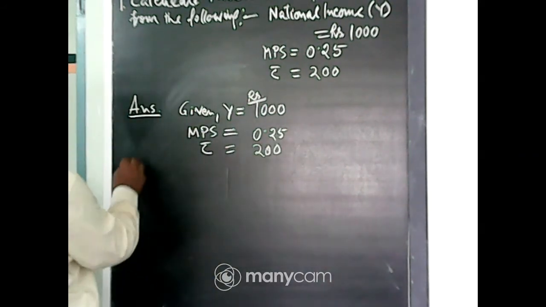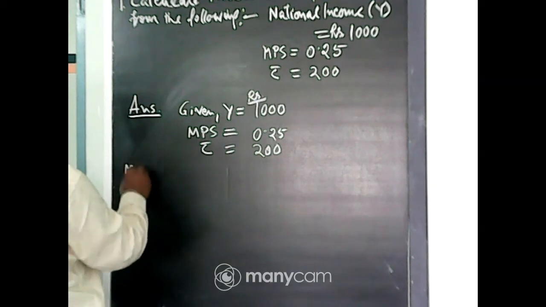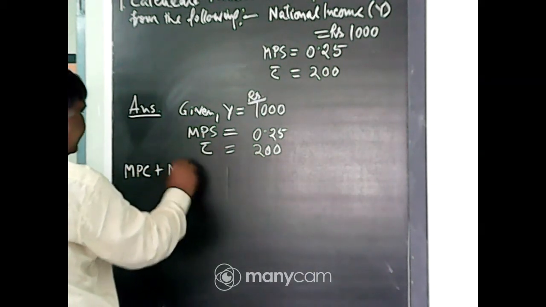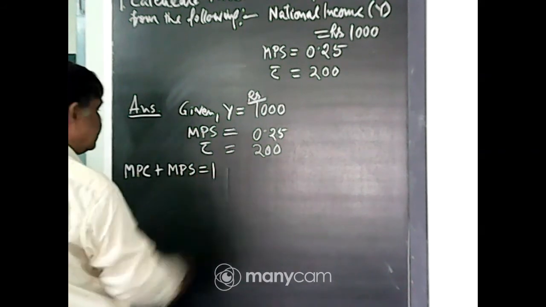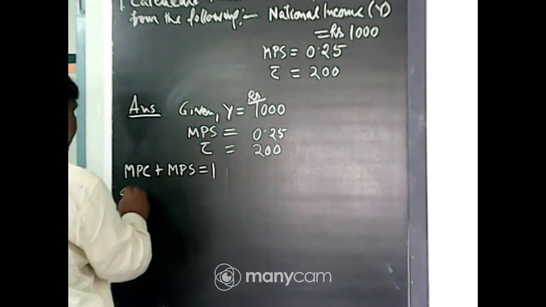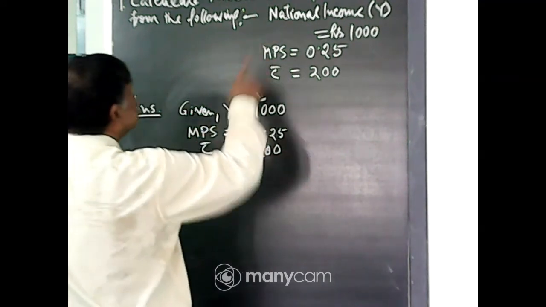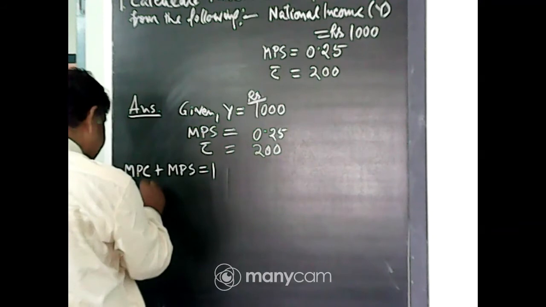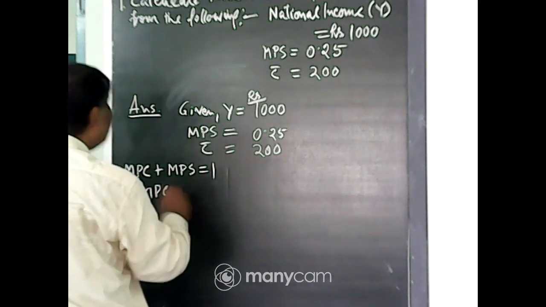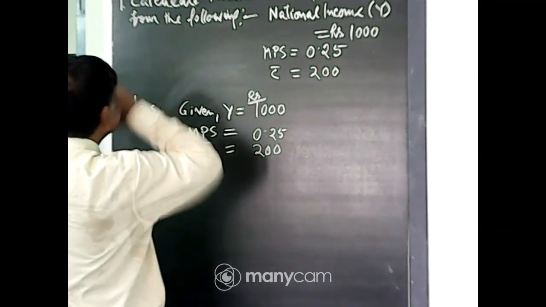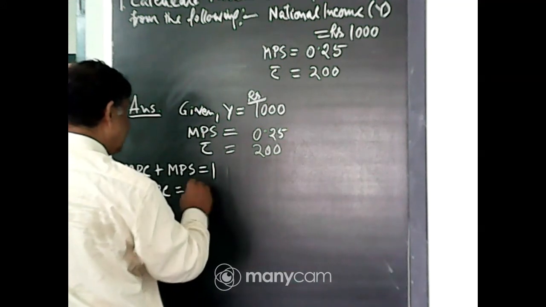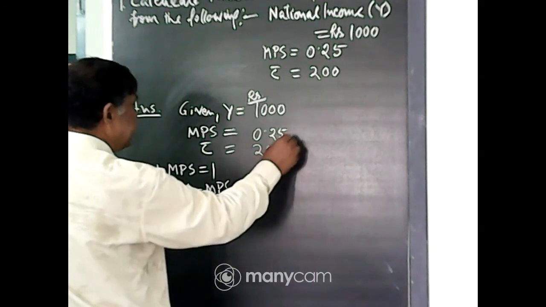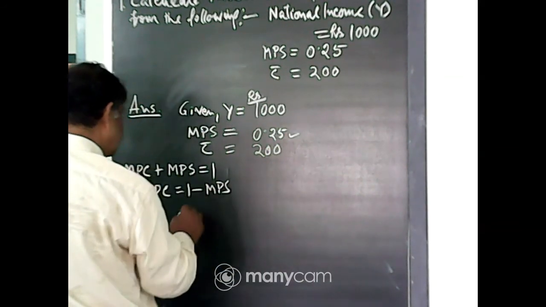We know that MPC plus MPS is equal to 1. So MPC is equal to 1 minus MPS. MPS is given 0.25.